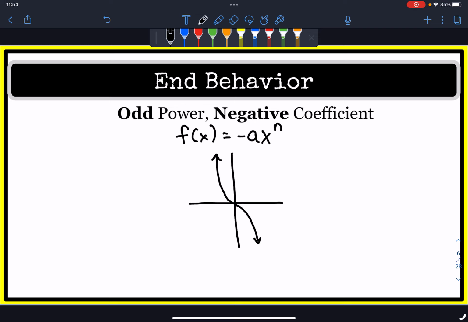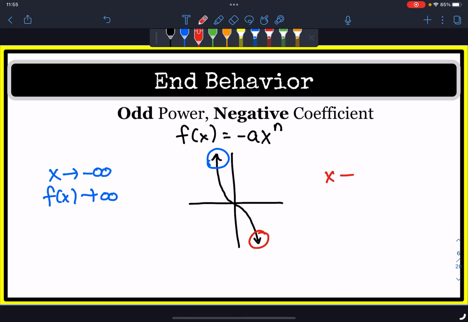And the way we describe the left end is by simply switching what we wrote on the previous slide. So as x approaches negative infinity, this time the function approaches positive infinity. And to describe the right end using arrow notation, we change f of x to approach negative infinity because it's decreasing without bound.